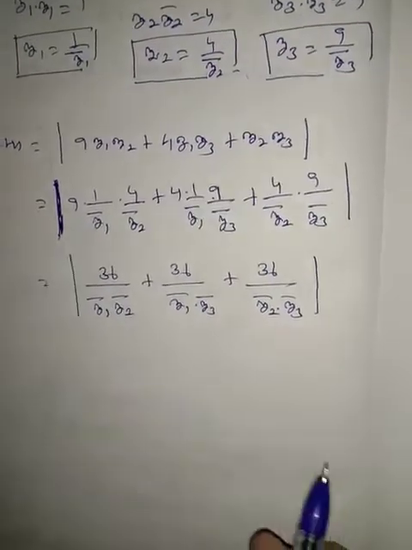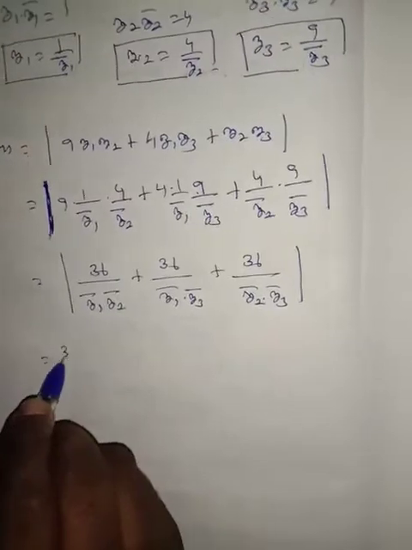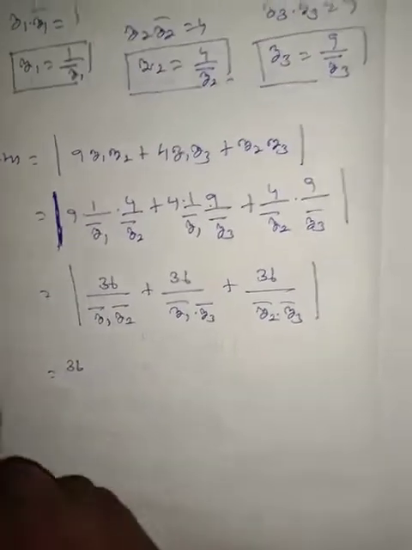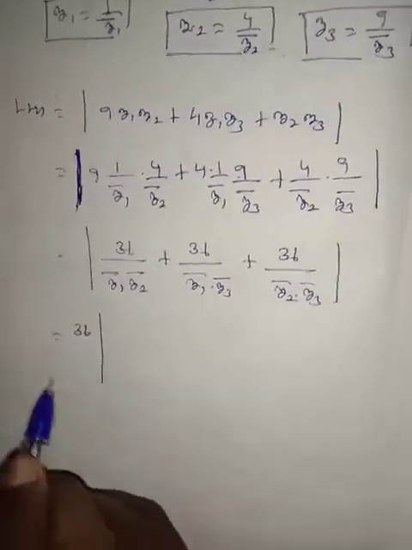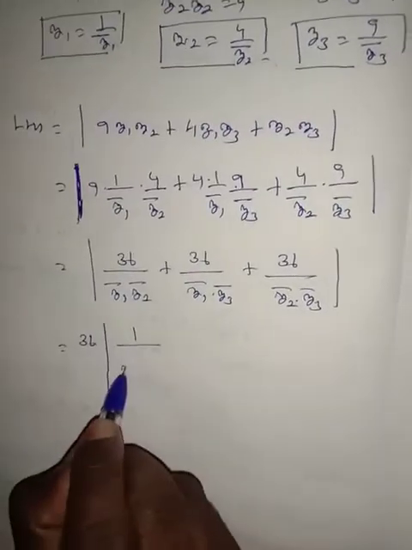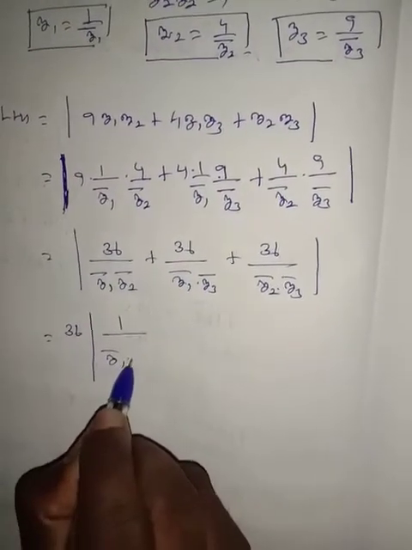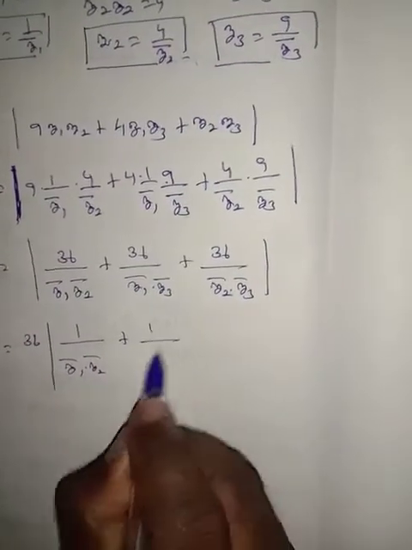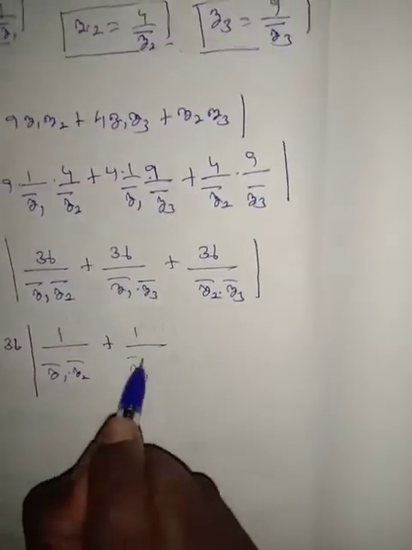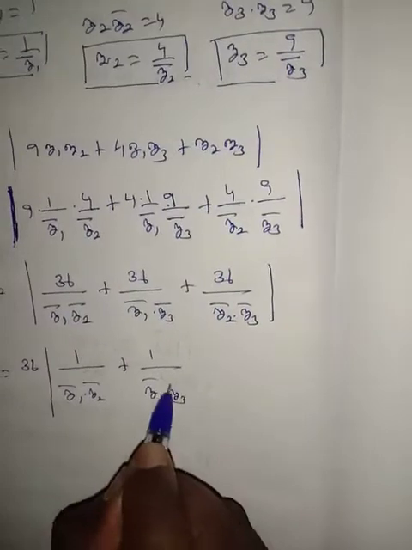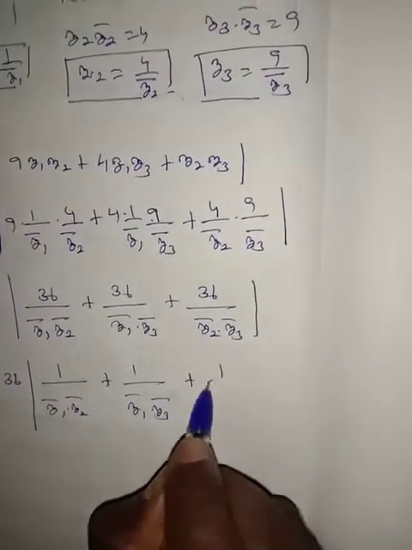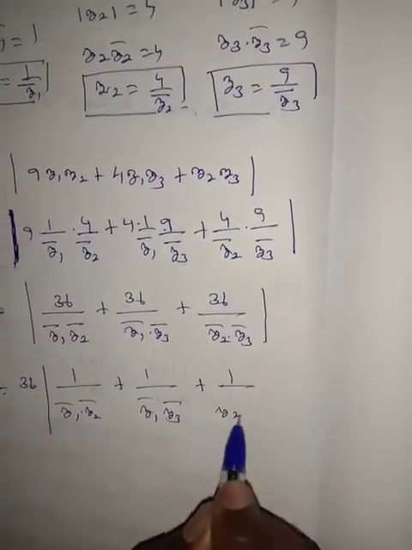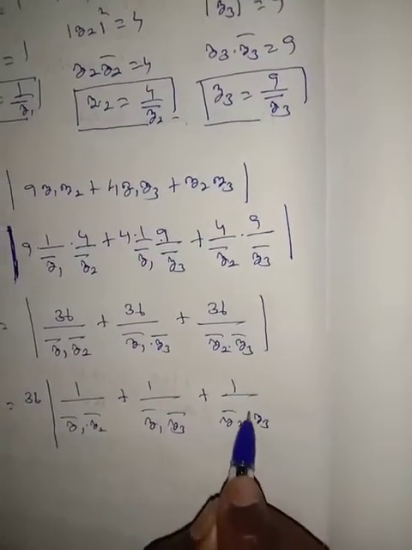Taking 36 common outside the modulus, we get 1 by Z1 bar Z2 bar plus 1 by Z1 bar Z3 bar plus 1 by Z2 bar Z3 bar.